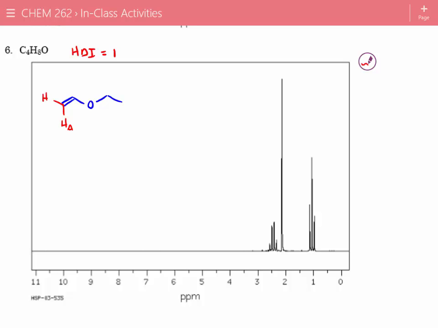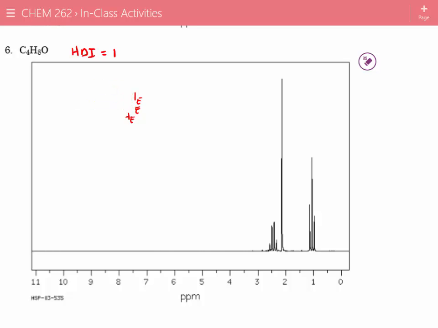We would have another one for HB, and then another one for HC, and then HD. And then this methyl group over here will be HE. So we could try to make an ether here, but we would have 1, 2, 3, 4, 5 peaks. We're really only observing 3 signals. So we know that immediately we've kind of hit a dead end here.